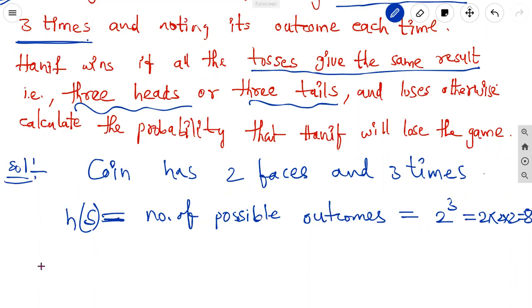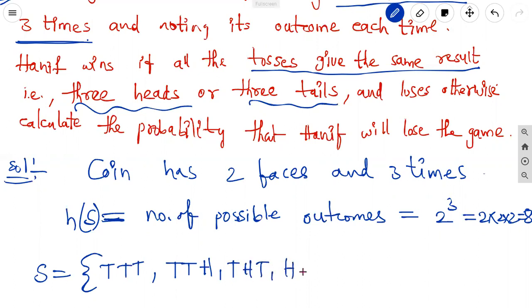First we write the sample space. S is equal to: 3 tails, tail tail head, tail head tail, head tail tail. It is the coin 1, coin 2, coin 3, or first time, second time, third time. Okay, next take head head tail, head tail head, tail head head.